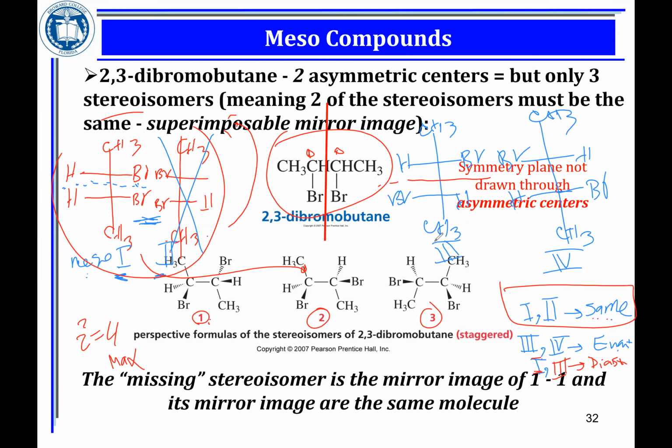The cis one, with the 2 bromines on the same side, is coming from this. Number 1 is number 3. Either 3 or 4, let's see. But doesn't the horizontal line indicate that the bromine's coming toward you?